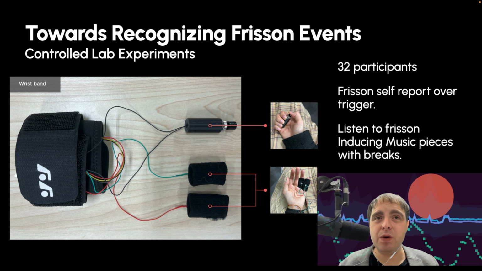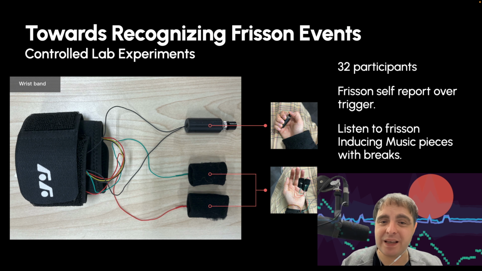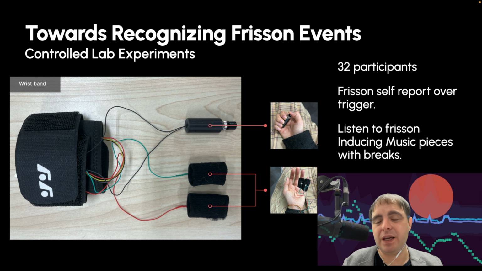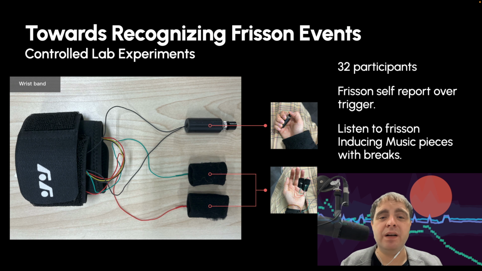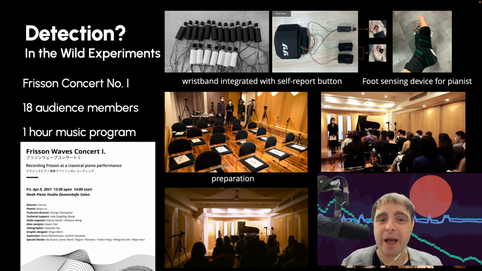And they might not know that themselves sometimes. We saw that with alertness and fatigue, some users didn't know how tired they were. And so we wonder, is that good enough? We hope now for frisson it's okay, but it's really a problem that we have to deal with in the field. We use the self-report trigger to tell people that they should tell us when frisson happened for them.